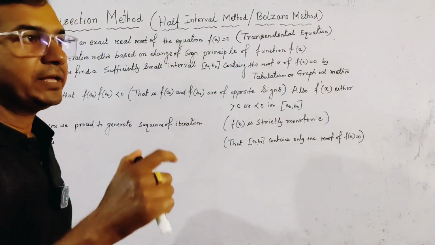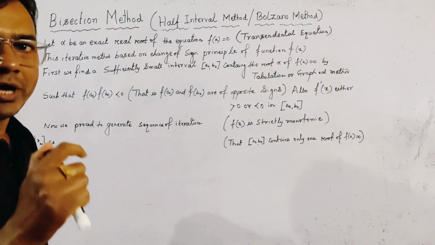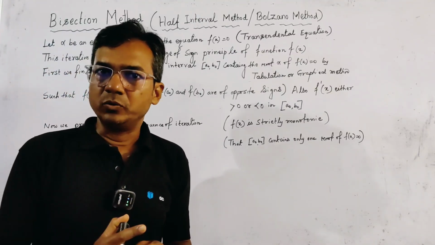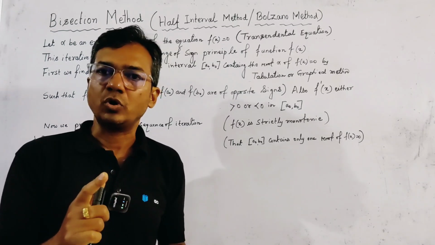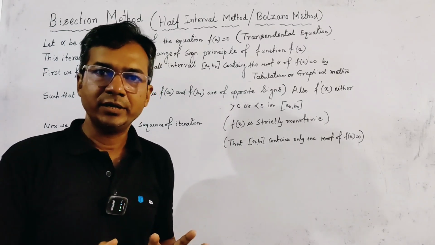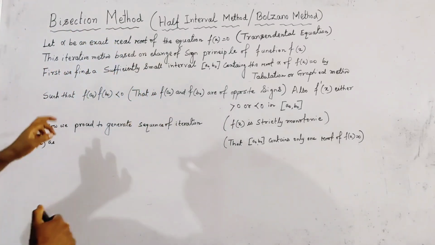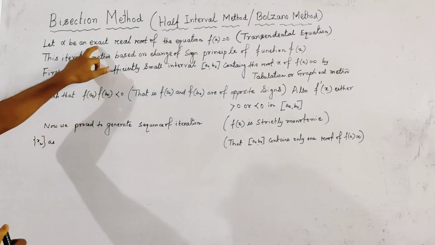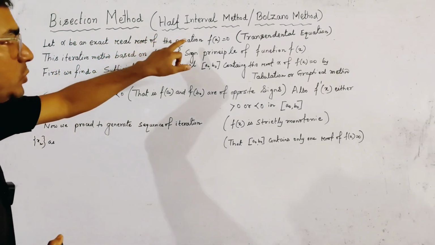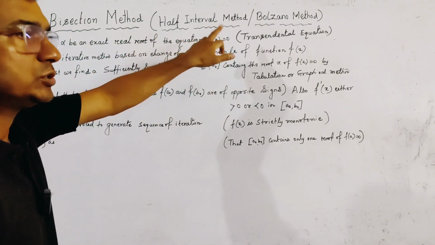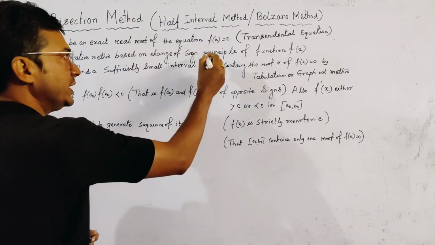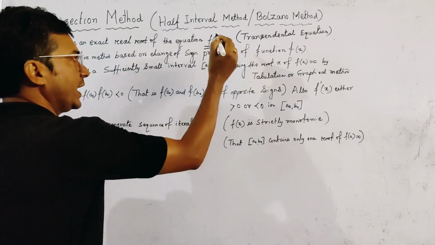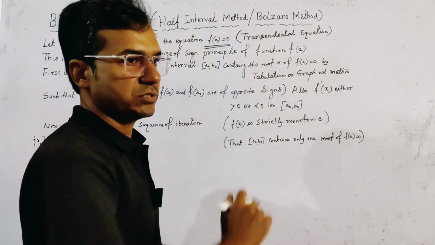In this method we try to find the approximate value of the exact root of an equation. Let alpha be the exact real root of the equation f(x) = 0, in general a transcendental equation.